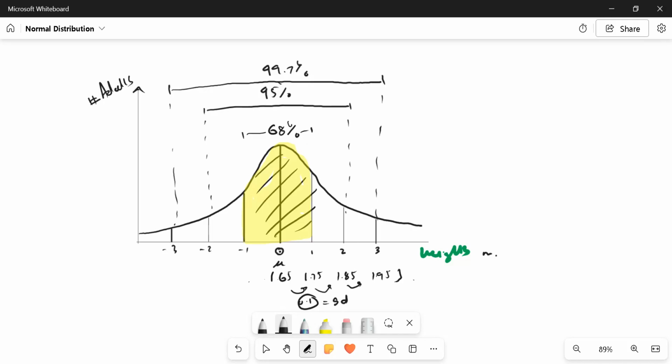Let's have a look at the next part, which is the idea that the normal distribution is very magical. The magic is that this same simple rule works for anything that has a bell-shaped curve. The idea of being 68% majority. So if you gather data from a class, 68% of the class will be within 1 standard deviation of the average of the class.